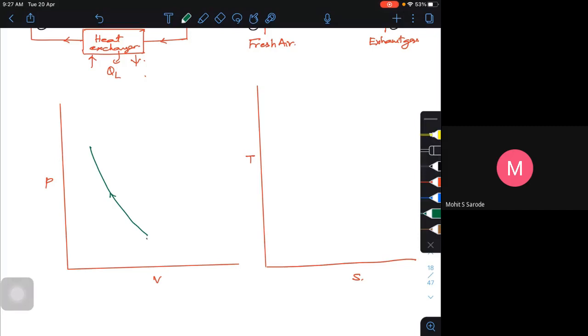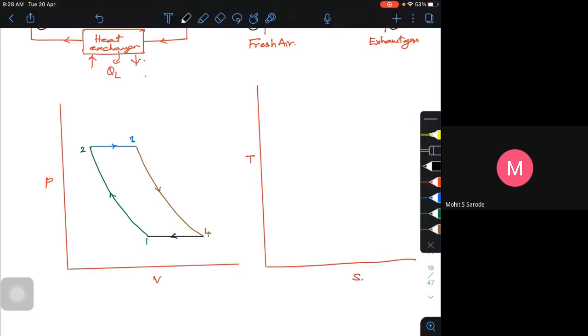One to 2. Heat addition is at constant pressure, so I will go from 2 to 3. This is constant pressure heat addition. Then expansion from 3 to 4. Then constant pressure heat rejection from 4 to 1, which is a straight line.